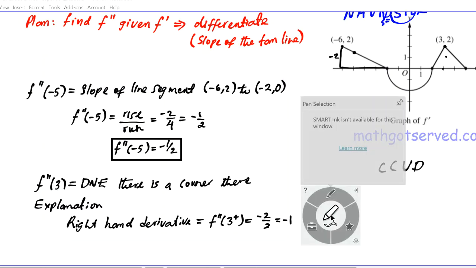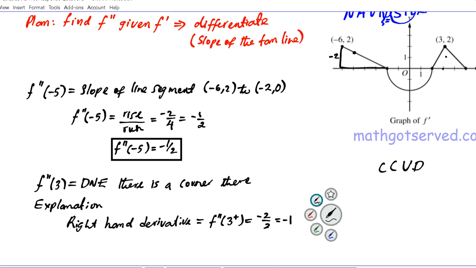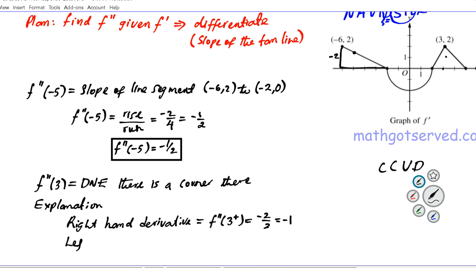And then we're going to compare that to the left-hand derivative. So what's the left-hand derivative? The left-hand derivative relative to 3, of course, which is f double prime of 3 from the left, is the slope of this line segment right here, where you rise 1, 2, and you run 1.